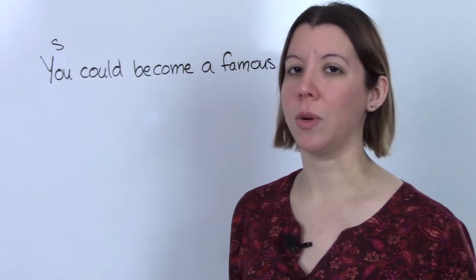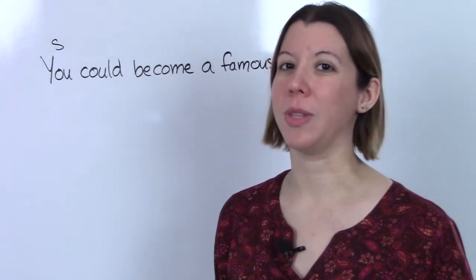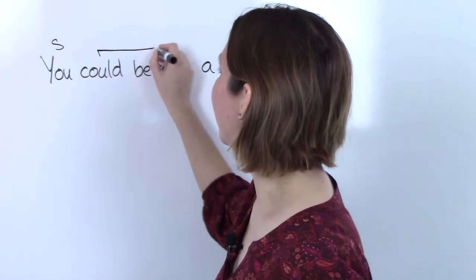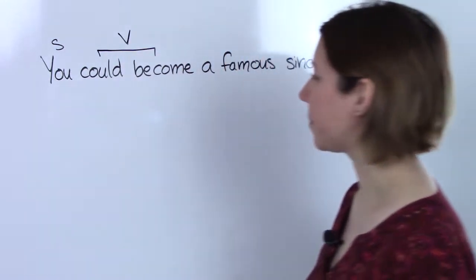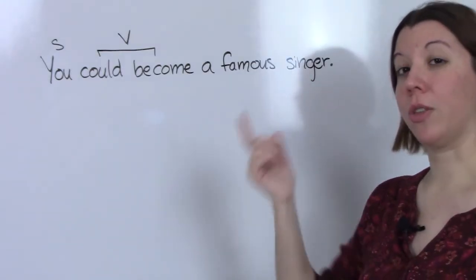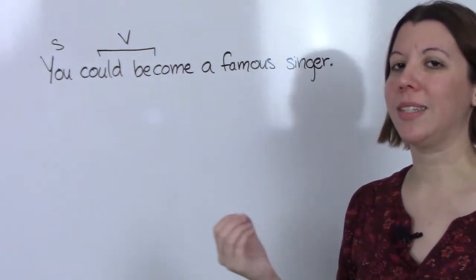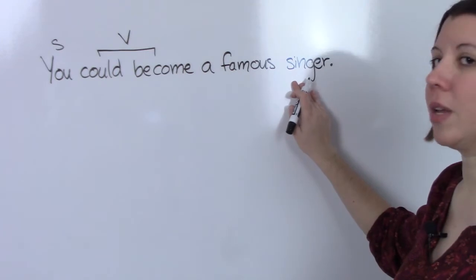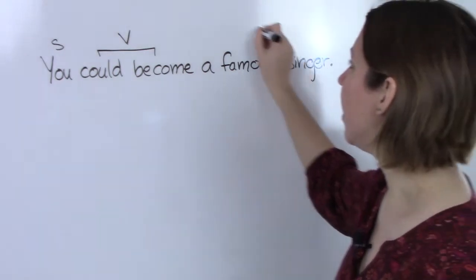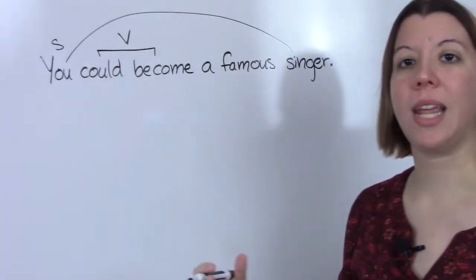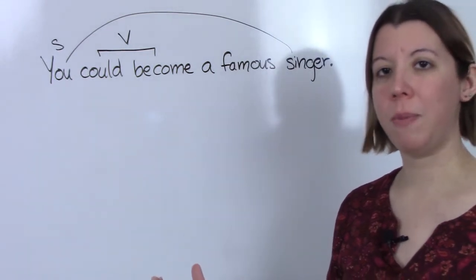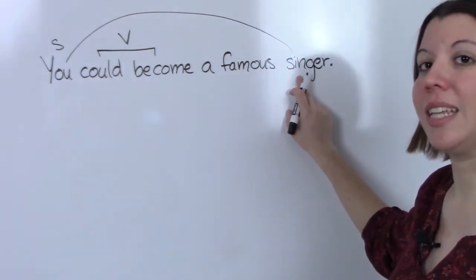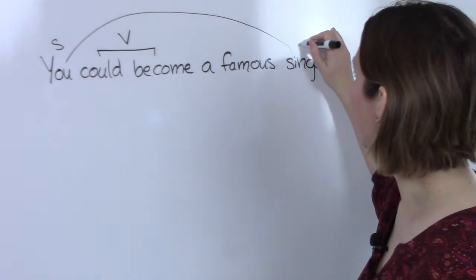It's okay that it's 2 words. Remember, lots of verbs have more than 1 word. What is singer? This is what's going through my head. What is singer? Well, it's a noun, but it's not standing alone. It's renaming the subject, renaming what you could become. Singer is a predicate nominative.